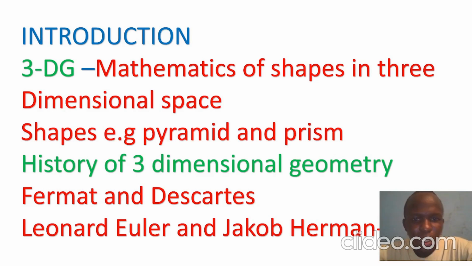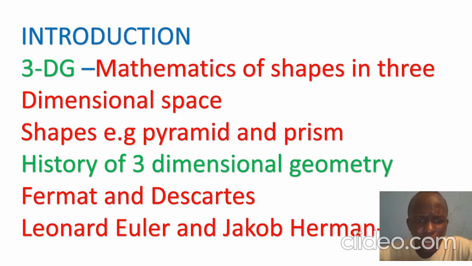Now, let us see what the developments of this particular concept are. Fermat and Descartes are said to be the pioneers of three-dimensional geometry. Their work focused on curves and surfaces in a three-coordinate system.